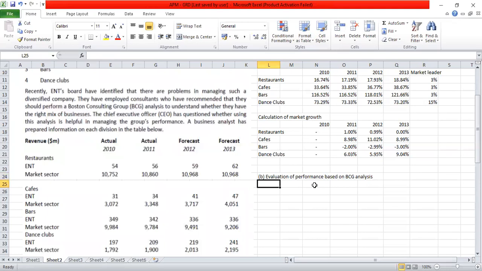Two variables. One variable is relative market share. Then we have market growth.